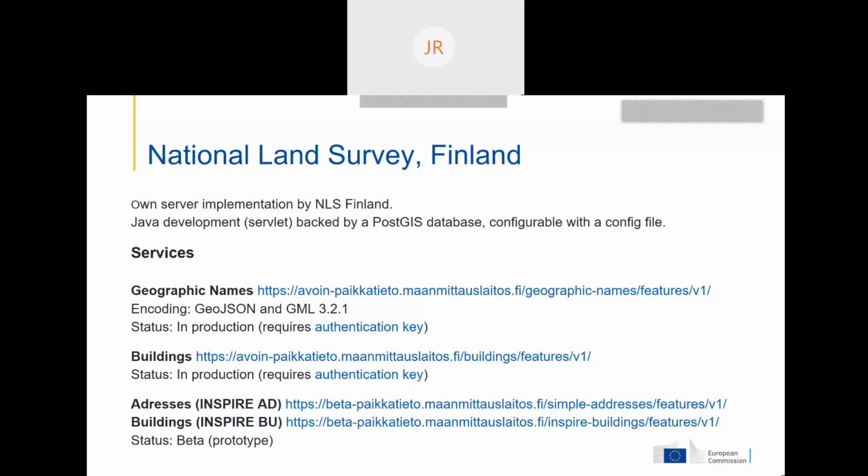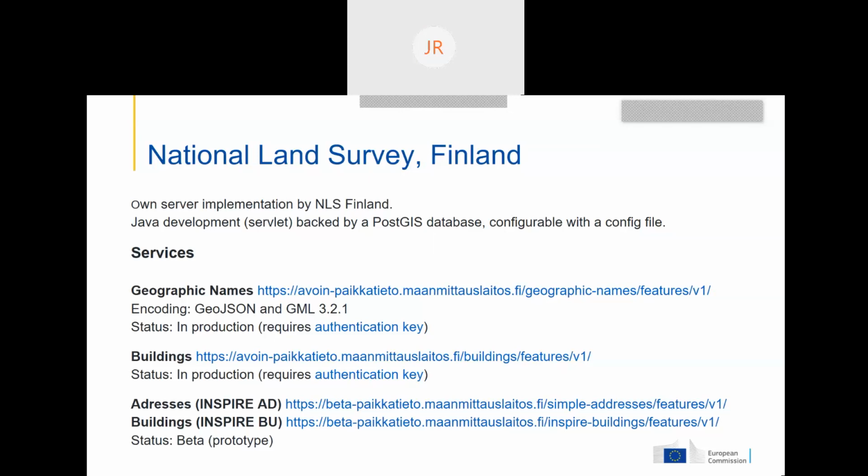So what we've exposed through this OGC API Features, I have 4 examples here, from which the first 2 are in production, geographic names and buildings, and both require an authentication key.